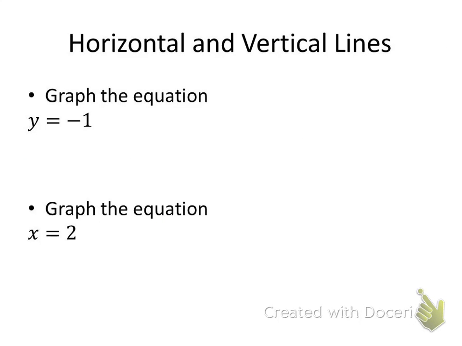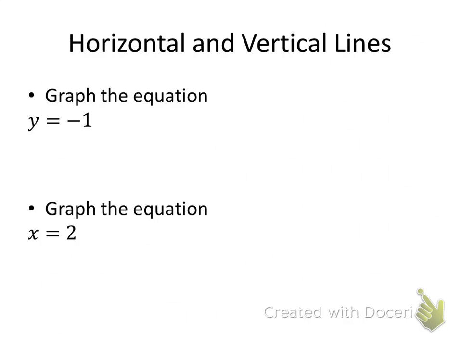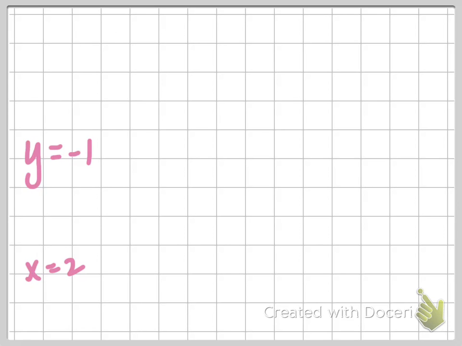All right, so let's do one more for practice. I'm going to go back for a second. So I've got y is equal to negative 1, and I've got x is equal to 2. So they want me to graph each of these points.